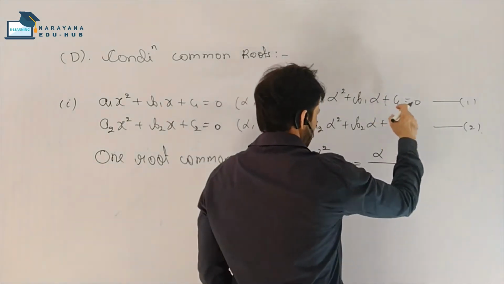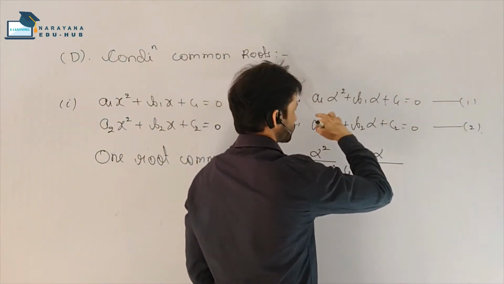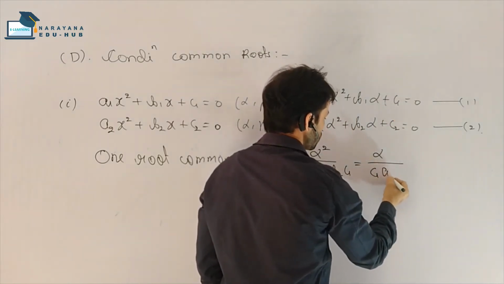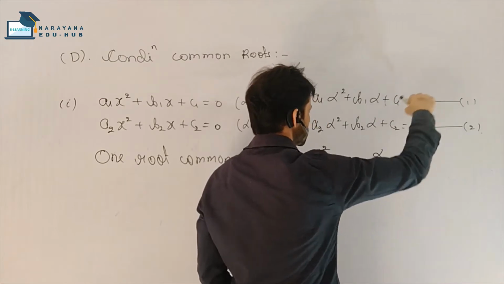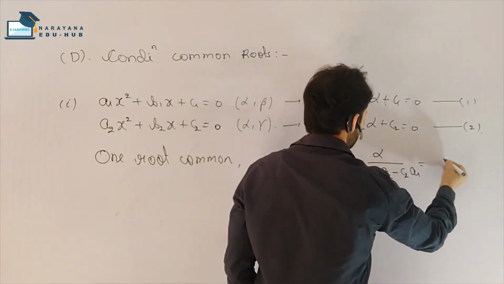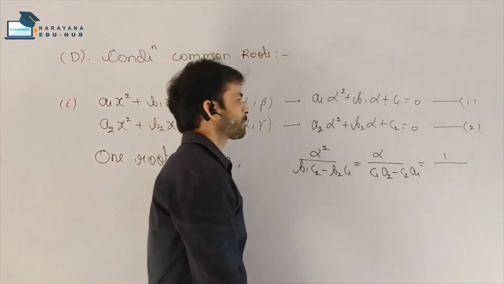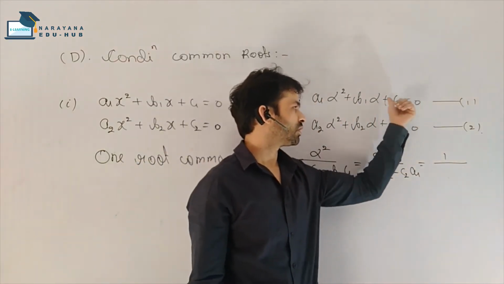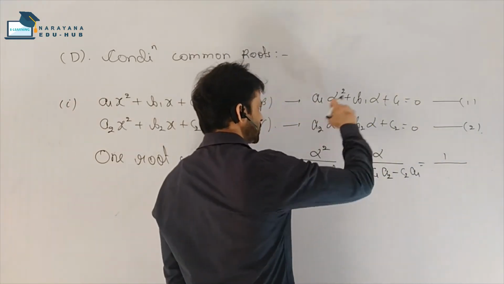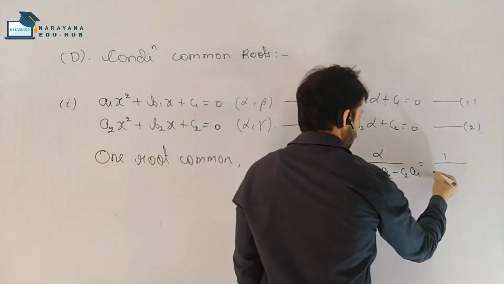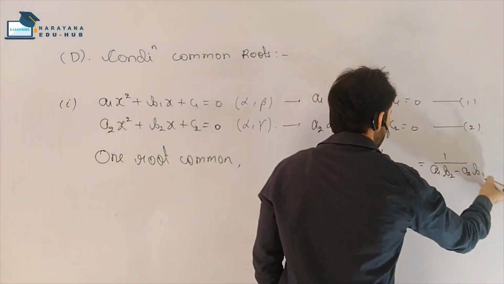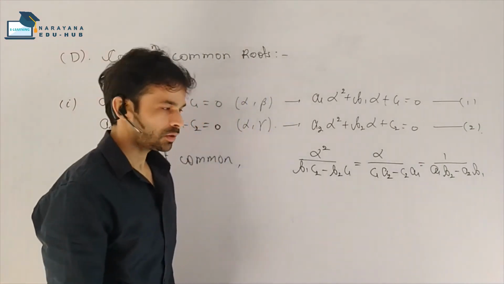So y upon c1a2 minus c2a1 is equal to 1 upon a1 b2 minus a2 b1.